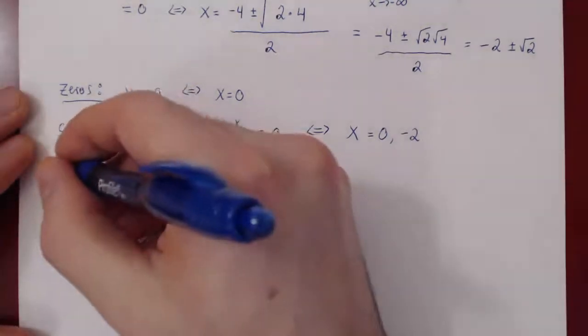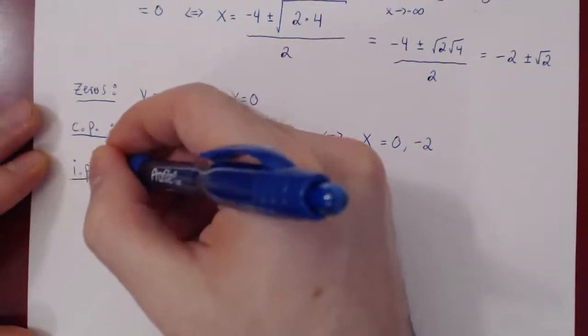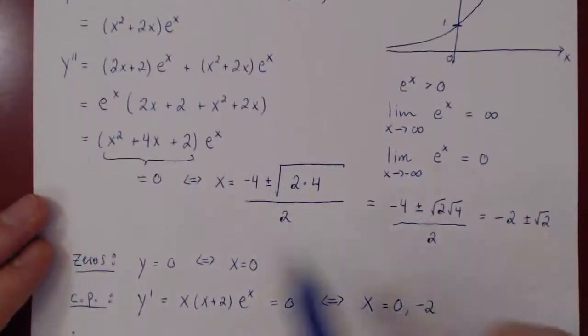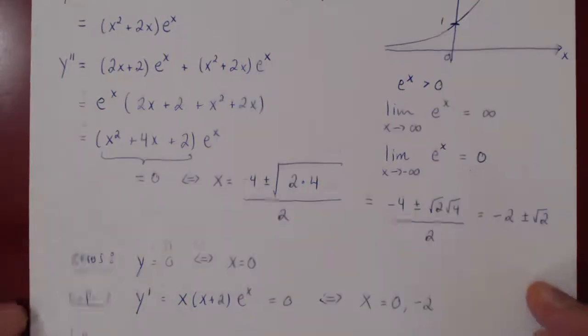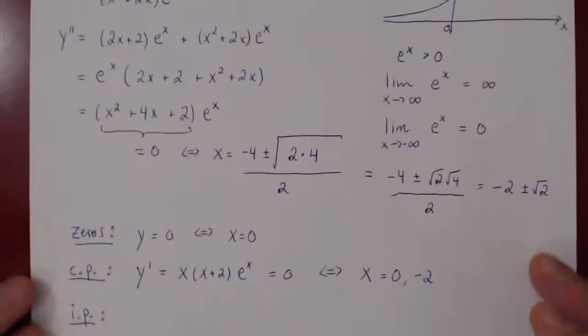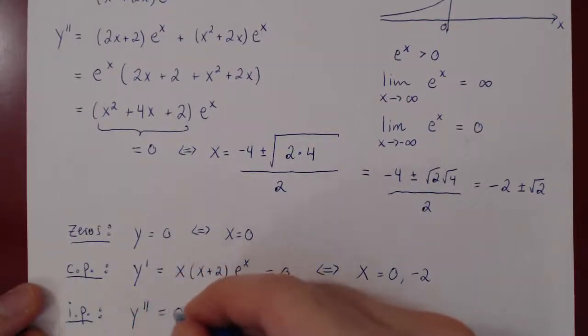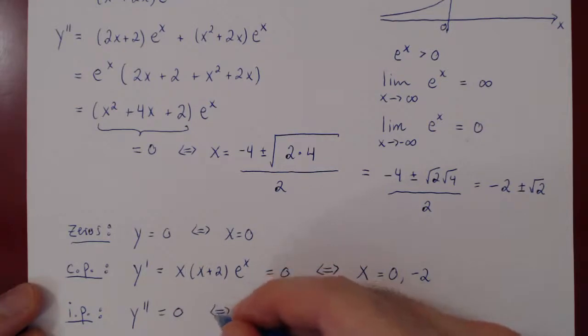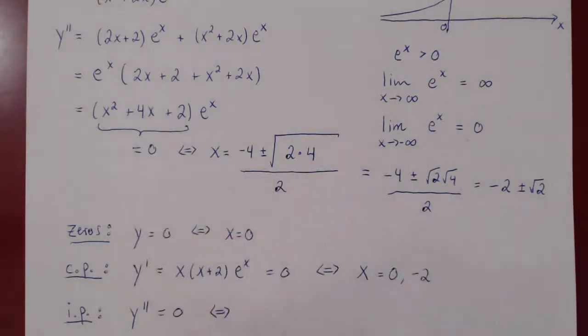Possible inflection points now. And again, the second derivative is always defined. So the only way to have an inflection point is for the second derivative to be 0. So y double prime equals 0. But we already solved for this, right? We were trying to factor this quadratic, so we found its zeros.